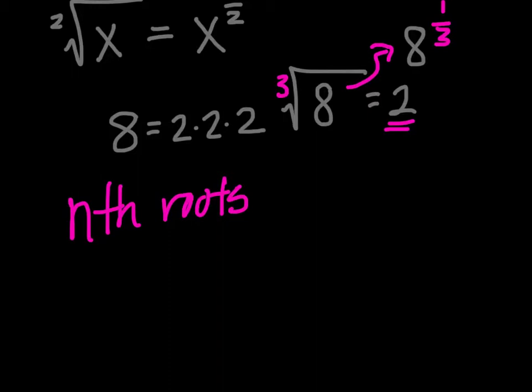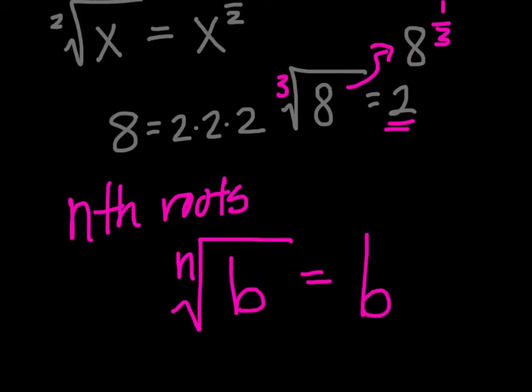We have the nth root of b is equal to b raised to the 1 over n. So if we had the cube root of b, that would be equal to b raised to the 1/3, and so on.